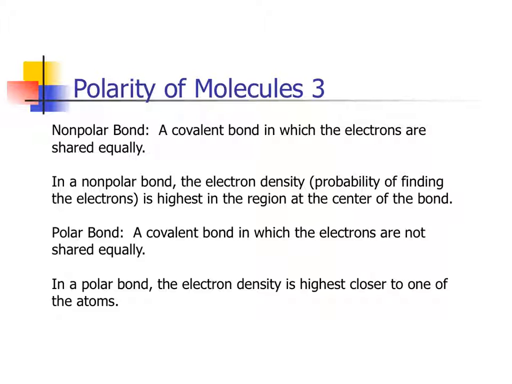That's why when I talk about non-polar bonds, no one's pulling any harder than the others. Bonds are shared equally. Everything's nice and shared equally. And a polar bond means that someone gets whatever the item is just a little bit more than the other person.